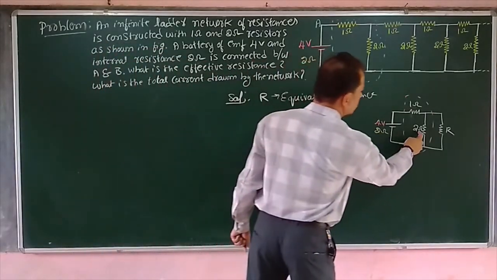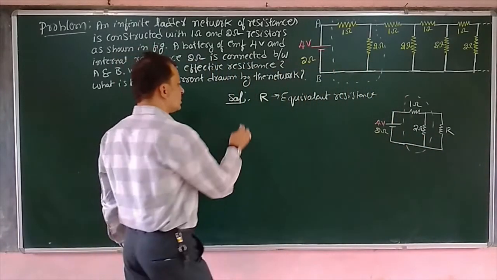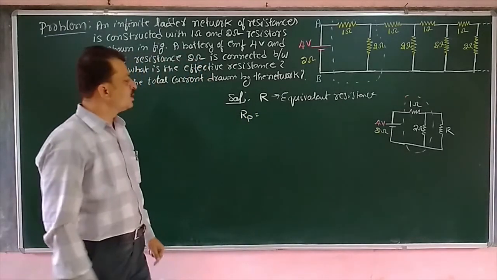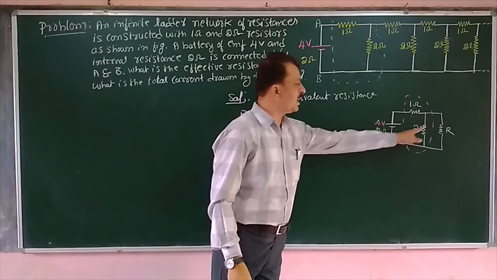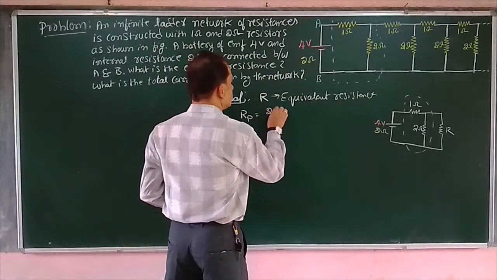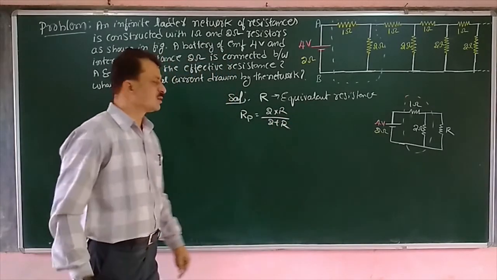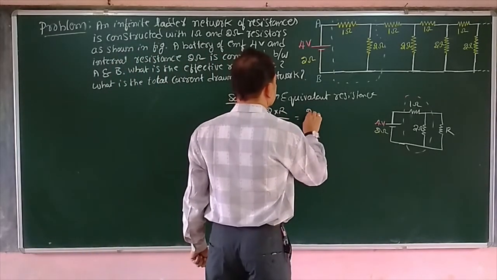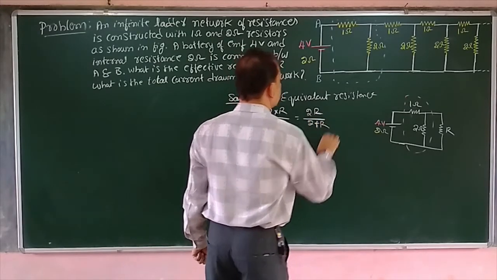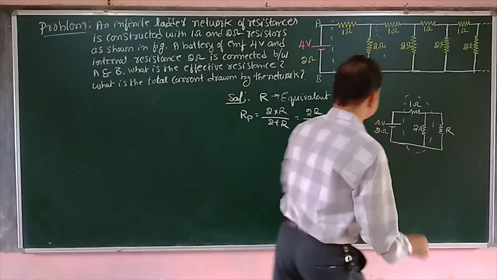Now look here, 2 and R are in parallel combination. The equivalent RP, of the 2 ohm resistor and R in parallel, is 2 into R divided by 2 plus R, or simply 2R divided by 2 plus R. Now I will replace these two resistors by a single resistor.